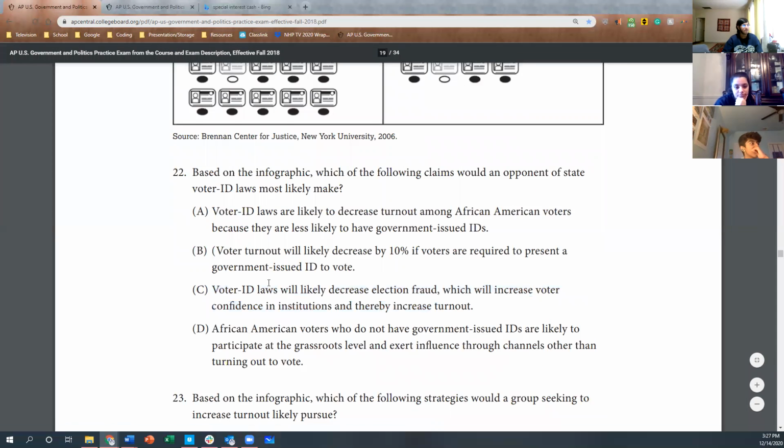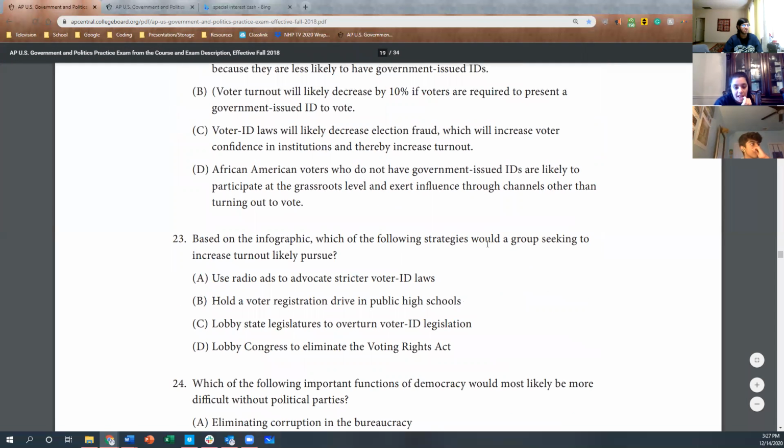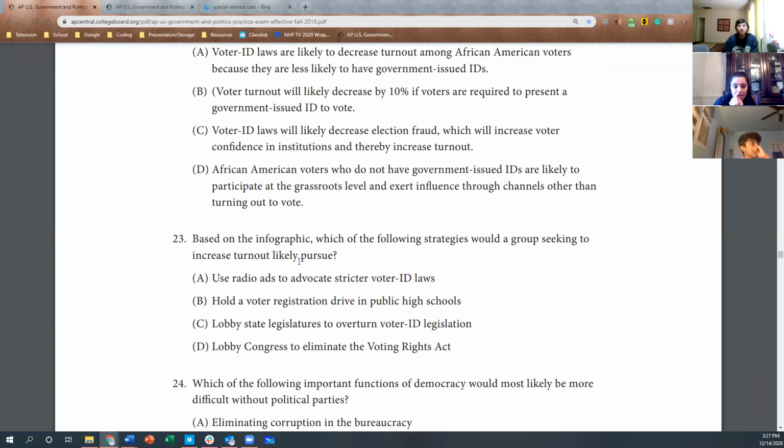Based on the infographic, which of the following strategies would a group seeking to increase turnout likely pursue? B. Let's see. D and A don't make sense. It's either B or C, right?